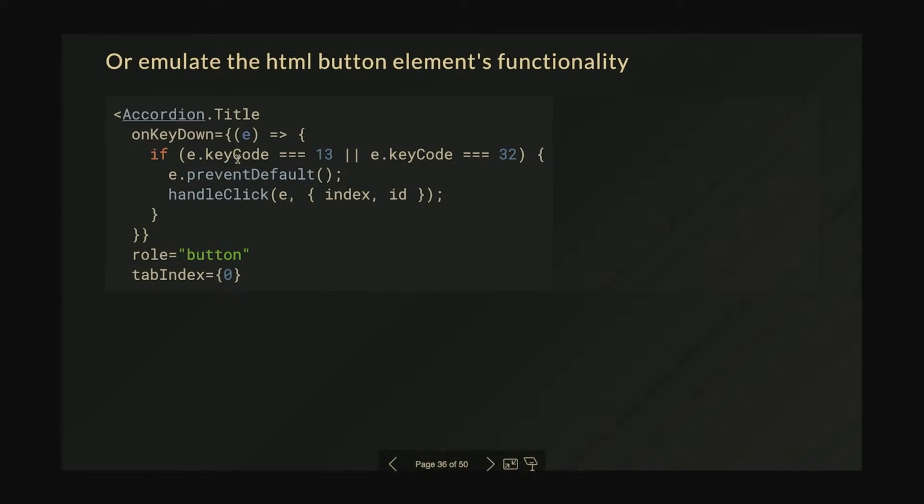And you also have to take into consideration that the user might press enter or spacebar on the title, and then you would want to simply open or close the accordion. So all of that was given by the button, but now we have to implement it ourselves.